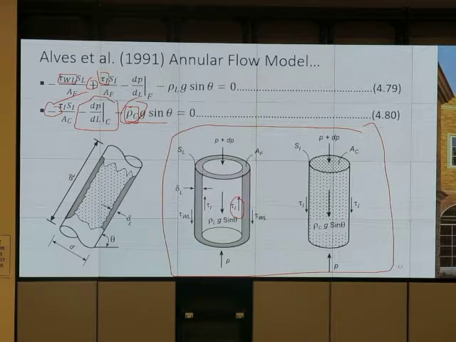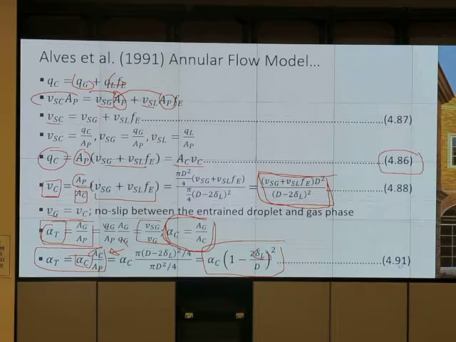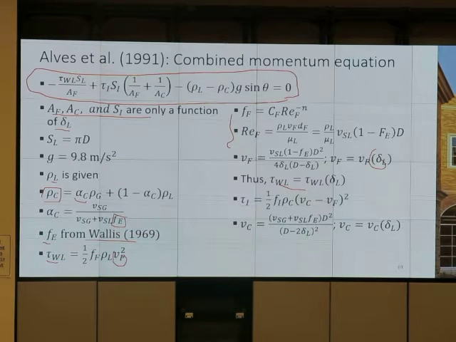If they don't match, this means the thickness that you got doesn't satisfy both equations at the same time, and that could happen because the equation that you try to solve, like for the case of stratified flow, is not the actual combined momentum equation, it is a simplified momentum equation.